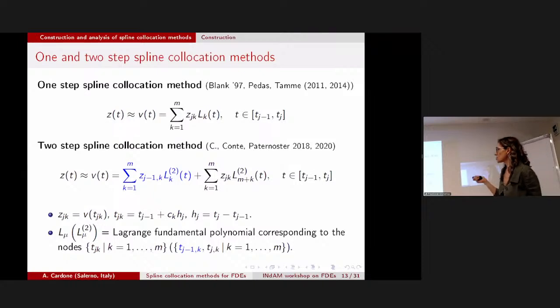But since this information is already known, we still have to compute only m unknowns in the time interval t_{j-1}, t_j. And how we do that, in the usual way of collocation, we impose that the solution verifies the fractional differential equation at the collocation points, which are the points t_{j,k}.